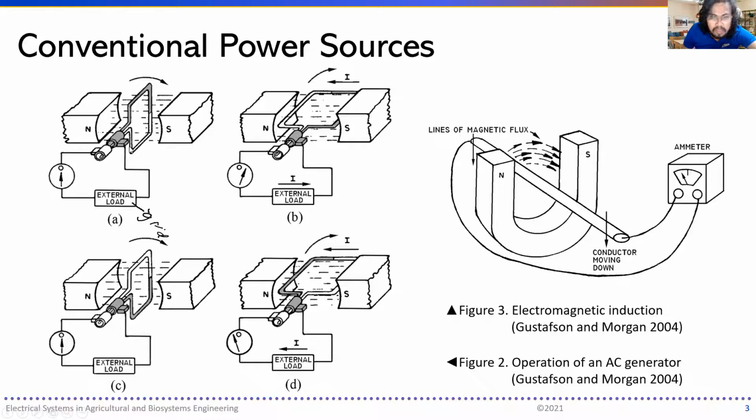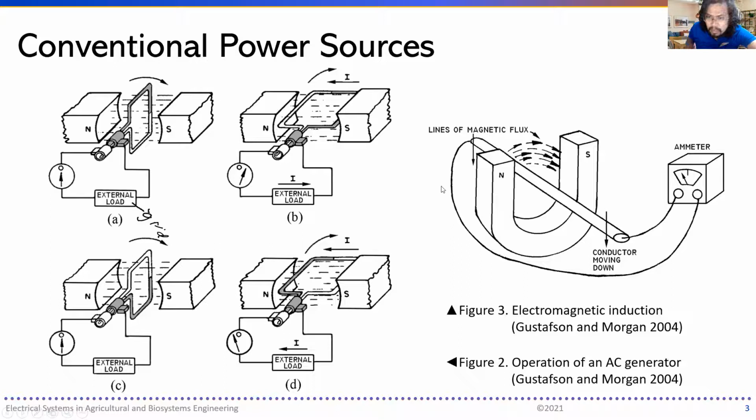Since there's an alternating direction of the magnetic field, because there's a constant magnetic field, but with respect to the wires they are changing in direction, this induces an alternating current across the loop.